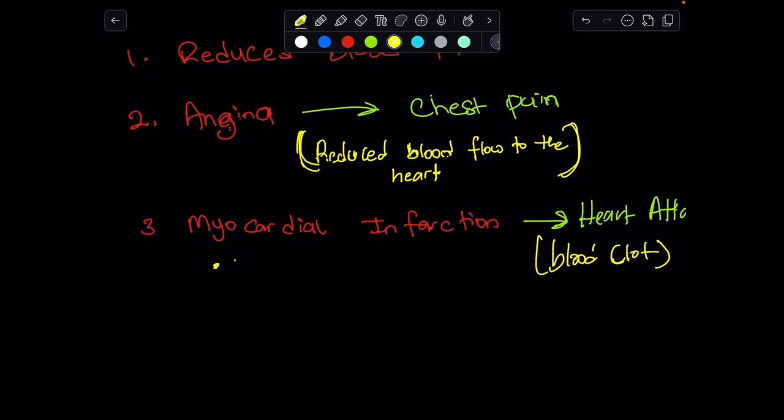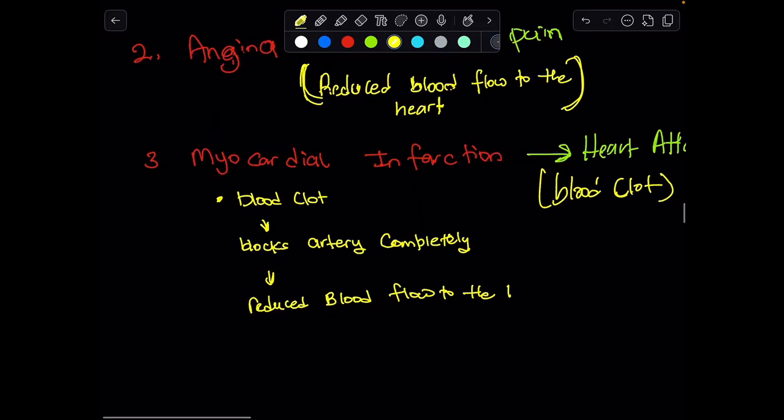So when it causes a blood clot, let's see: blood clot blocks artery completely, and that causes reduced blood flow to the heart, and then you get a heart attack.